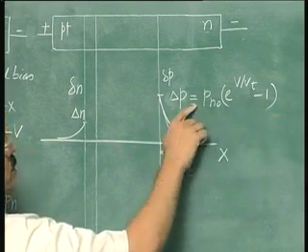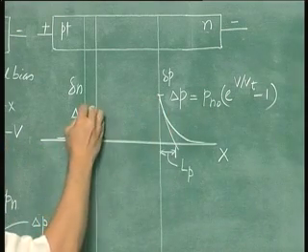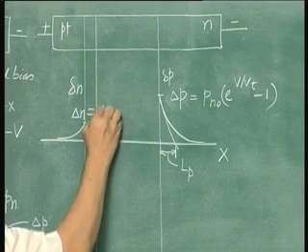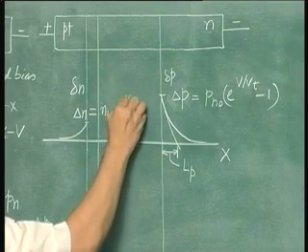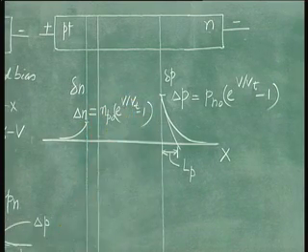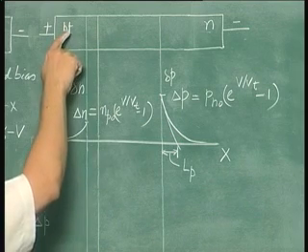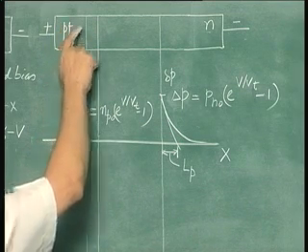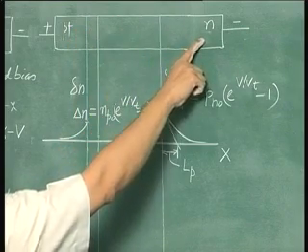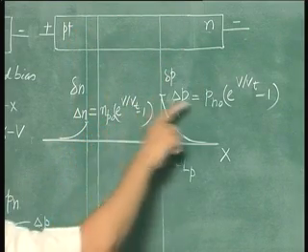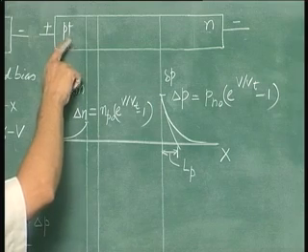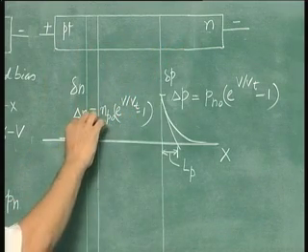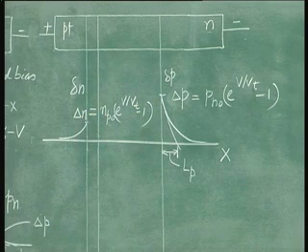So if you want to write here, this delta n is given by np0 exponential of V by Vt minus 1. Now since this is P plus, that is the doping on this side is more than the doping on this side, np0 will be less than Pn0. Minority carrier concentration on a heavily doped side is less as compared to the lightly doped side. That is why this is shown less as compared to this.